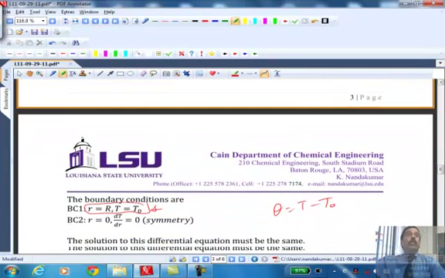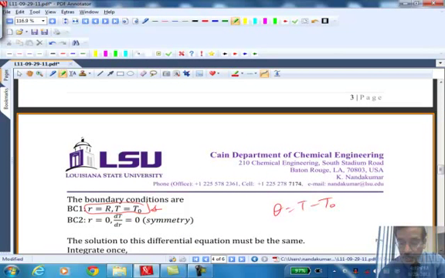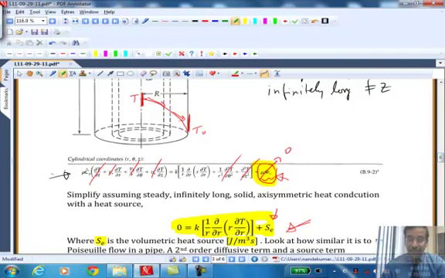So I'm going to give you the same problem in a sphere. There is uniform heat generated inside a sphere, and there is conduction. So the idea is going to be exactly the same. The only thing that will change is, instead of cylindrical coordinates, you will look at spherical coordinates and simplify that, and you will still get an ordinary differential equation, which will look different. And you should be able to separate, integrate, and get the solution out of that.